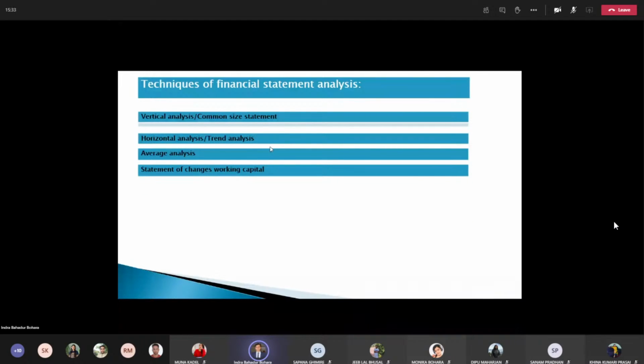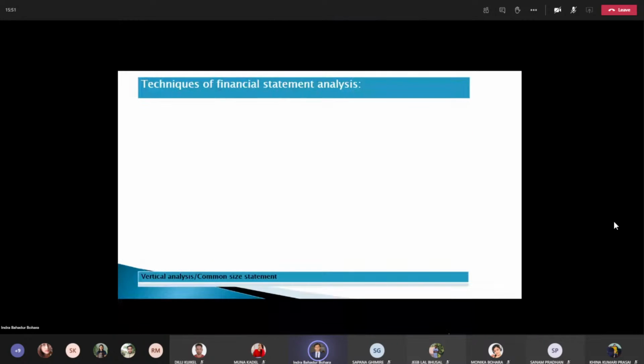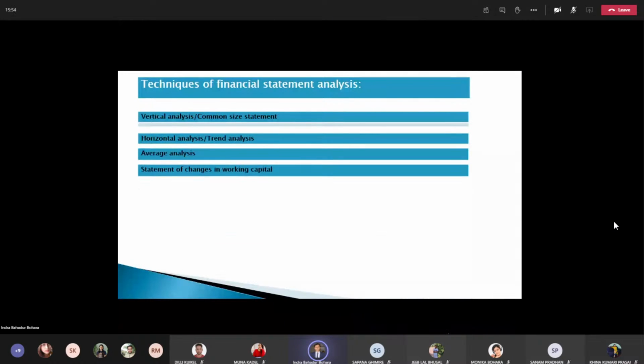Another is the statement of changes in working capital, or analysis of changes in working capital. Working capital is the difference between total current assets and total current liabilities. So the working capital of each and every period is calculated and compared.